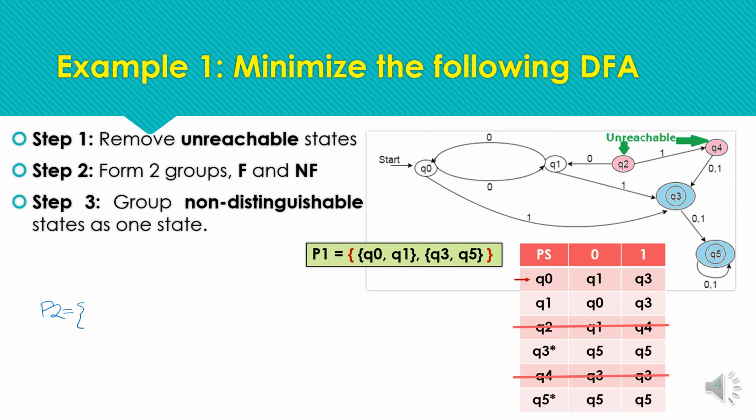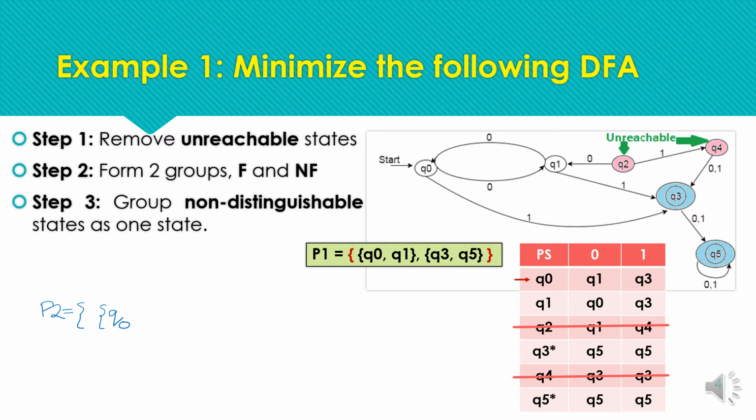If we are constructing partition 3, we need to check the grouping in partition 2, and this process is repeated until the complete DFA is minimized. So, starting with partition 2, with the first partition of the non-final group, write the first state as it is in the set. So Q0 is the first identified state of the first group.